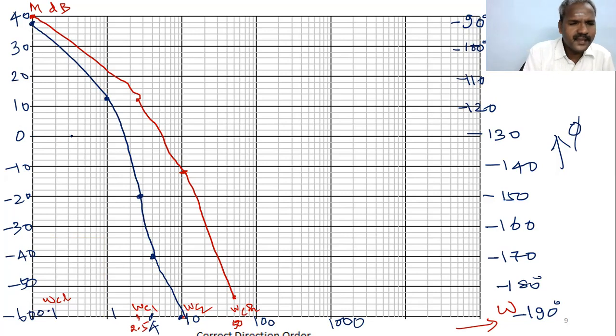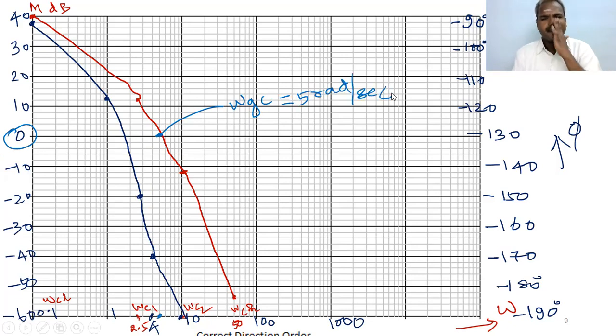This is 0 dB. Where it crosses, you see here, almost where? So nearly 1, 2, 3, 4, 5. It crosses here almost. So this is the frequency. This is omega GC. It crosses the 0 dB line. So this is equal to 5 radian per second.